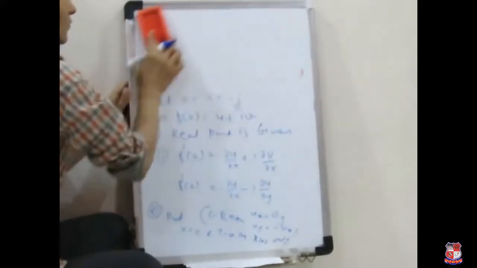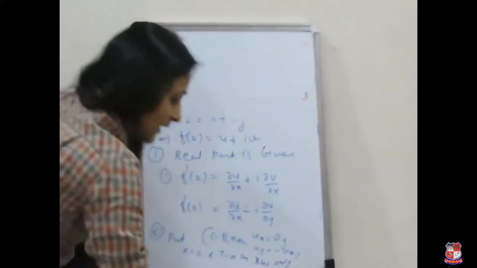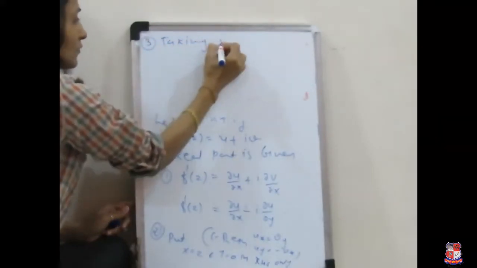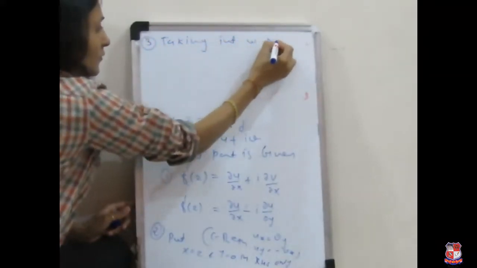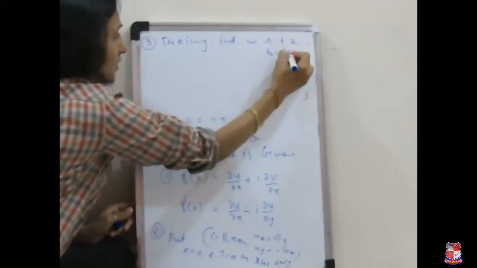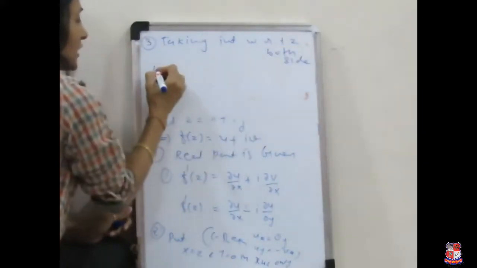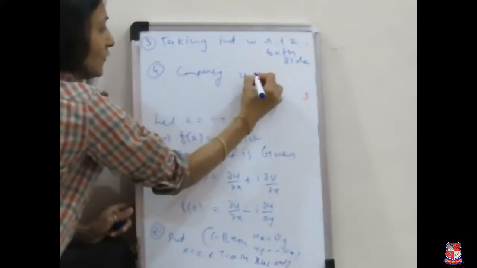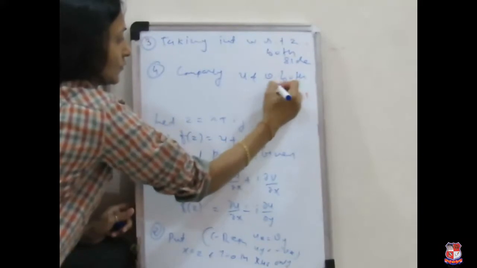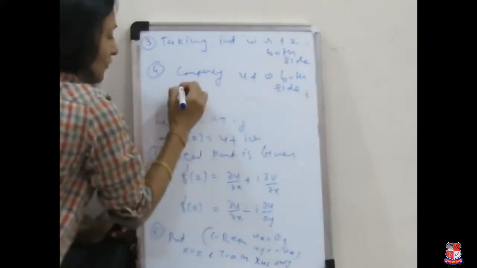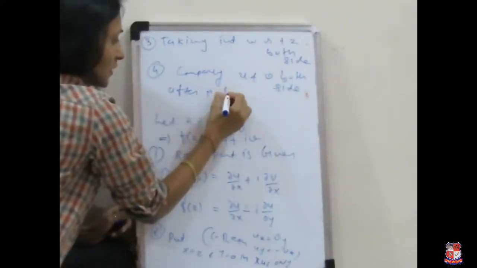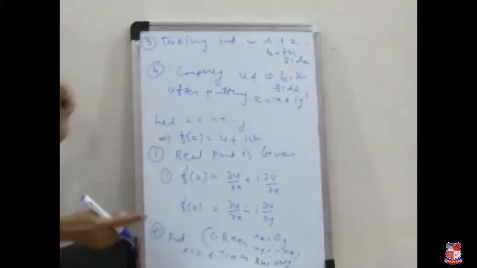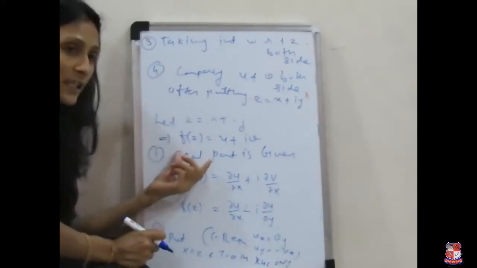Third step is taking integration with respect to z both sides. And last step is comparing u and v both sides after putting z is equal to x plus iy. This is the fourth step when we are given a real part.